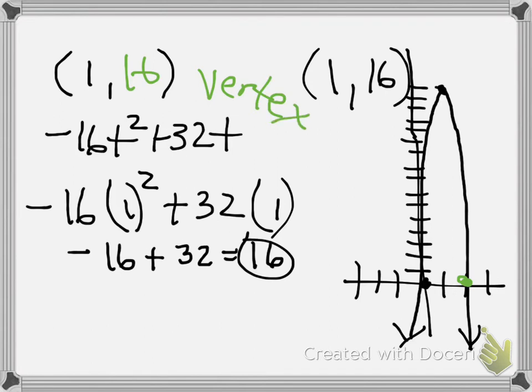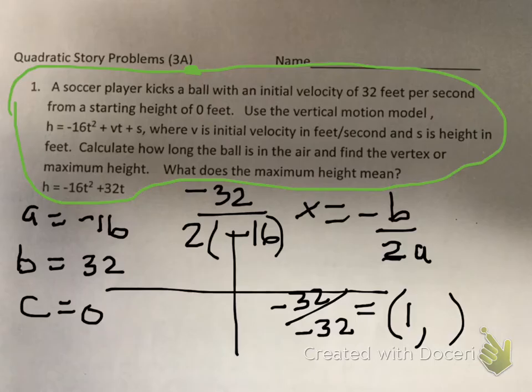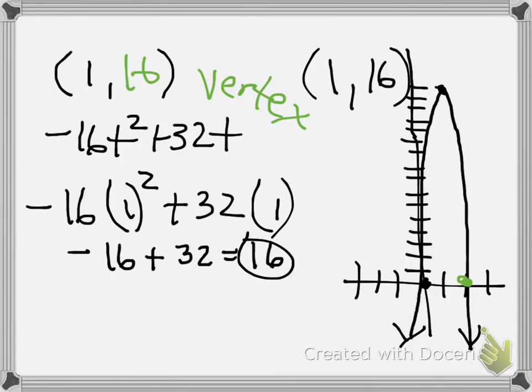Okay, let's answer the questions. So if you go back to this first page, the questions are this. Calculate how long the ball is in the air, and then find the vertex or the maximum height. What does the maximum height mean? So how long the ball is in the air?